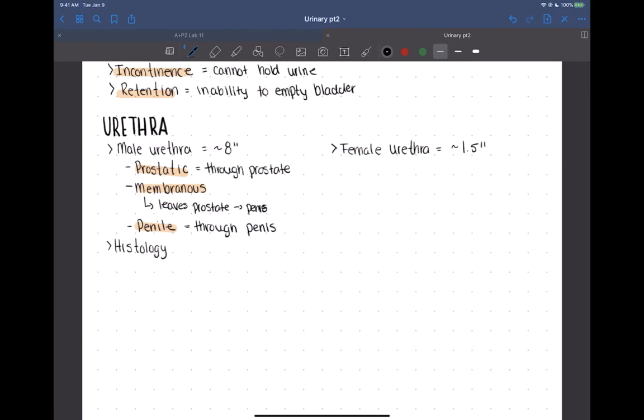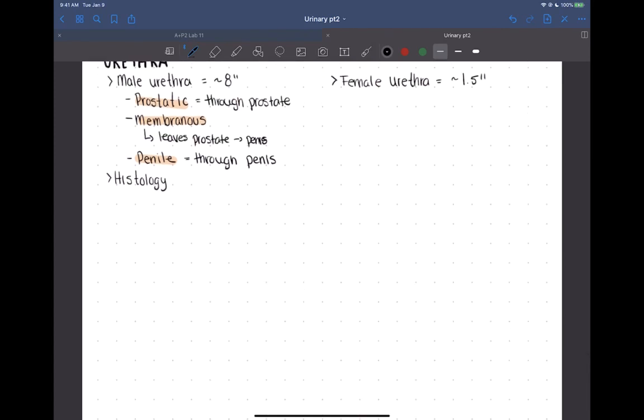Now let's just talk about histology, and then we'll be done. The histology of the urethra: the epithelium is going to be transitional when it's close to the bladder.